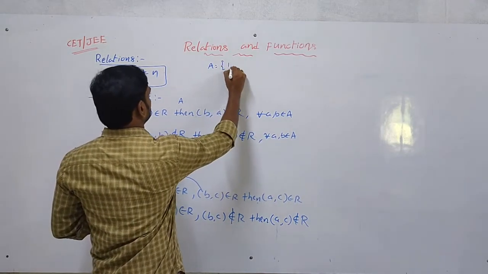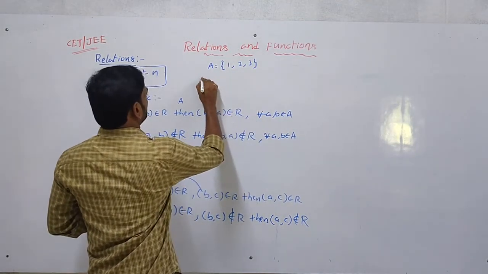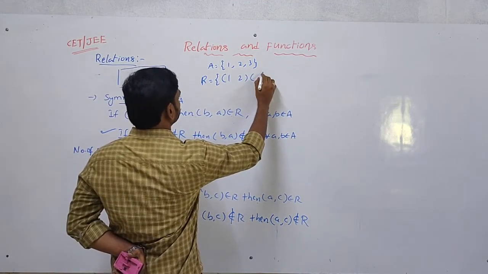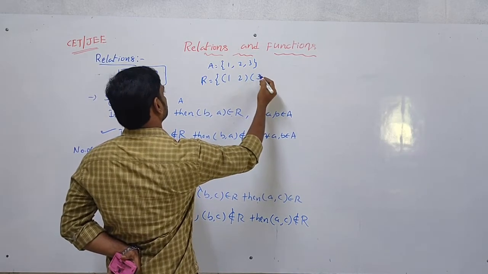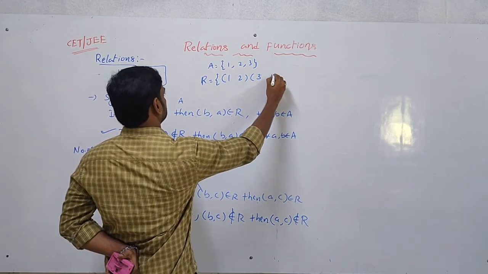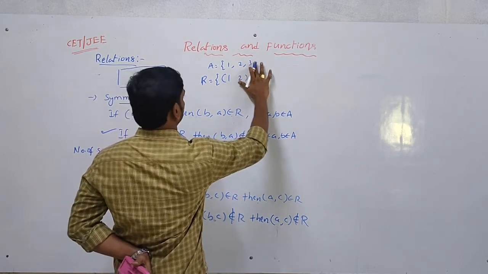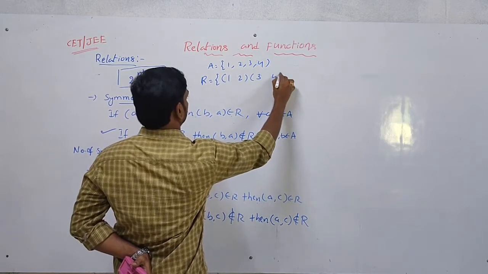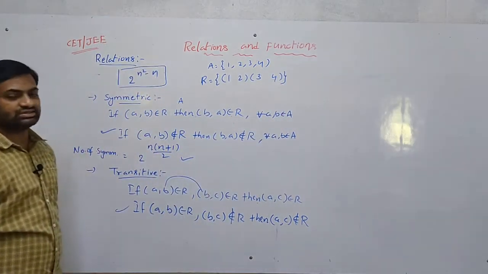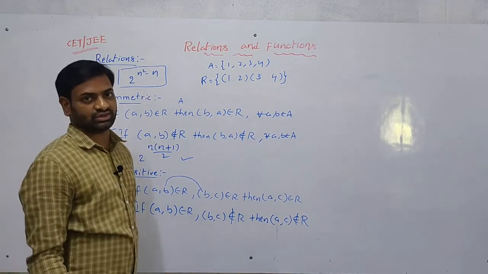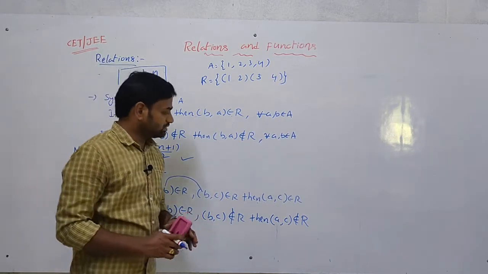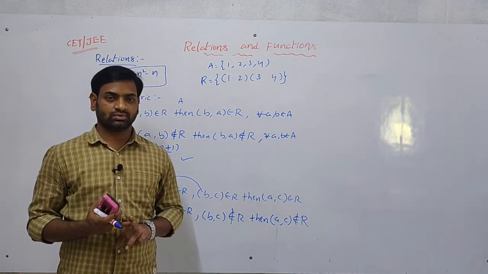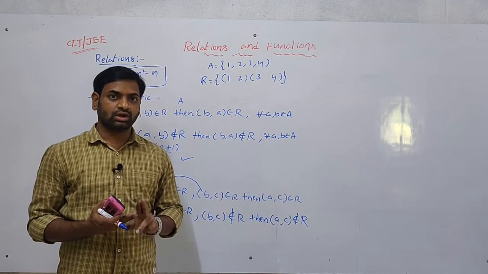Suppose like this. Capital A is {1, 2, 3, 4}. R is {(1, 2), (3, 4)}. Is it transitive? Yes, it is transitive. See here, what I said: two pairs should exist.